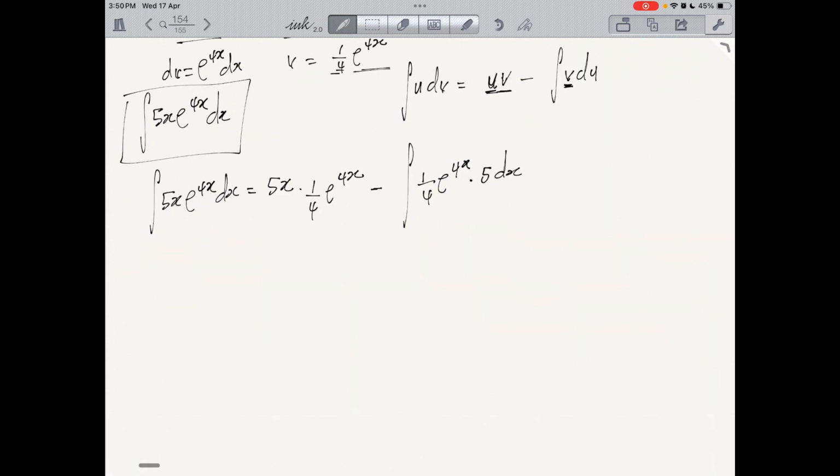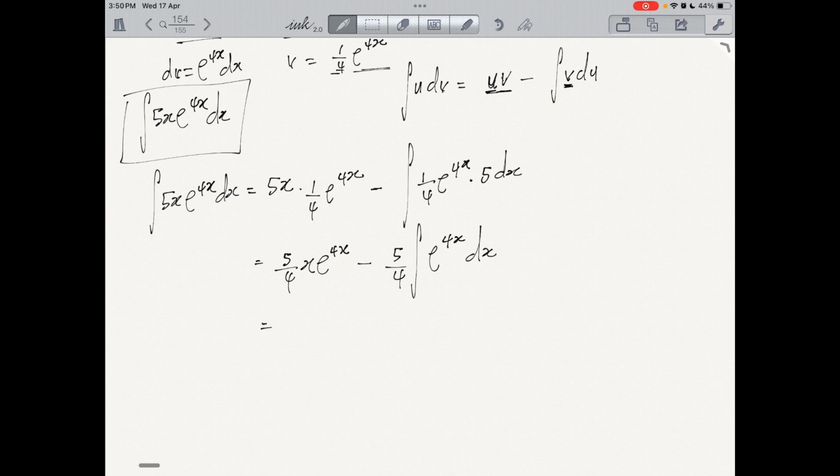So we can simplify it further to give 5 over 4 x exponential 4x minus 5, and 1 over 4 is a constant. It can be brought outside to give 5 over 4 integral of exponential 4x dx.